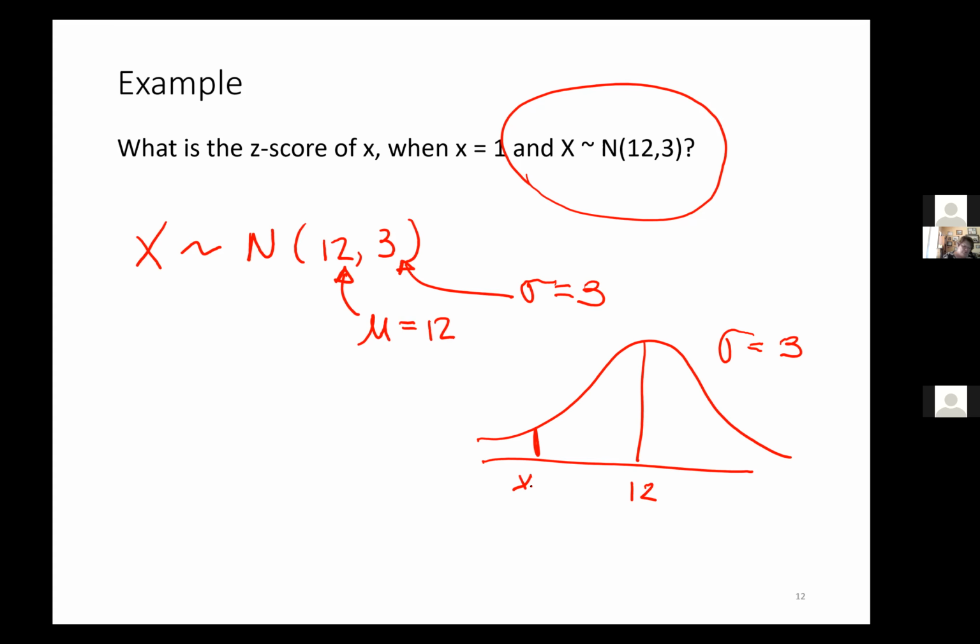Well, 1 is over here to the left of 12. So what is the Z-score for a data value of 1? So what we do, Z can be found by taking X minus mu and dividing it by sigma. So to find the Z-score for 1, we take 1 minus 12 and we divide that by sigma.